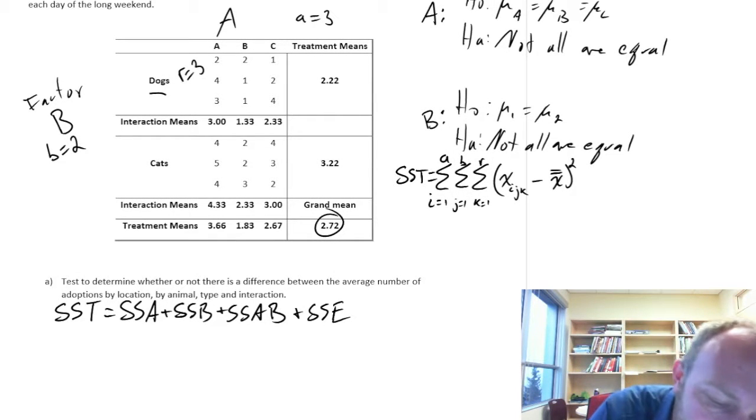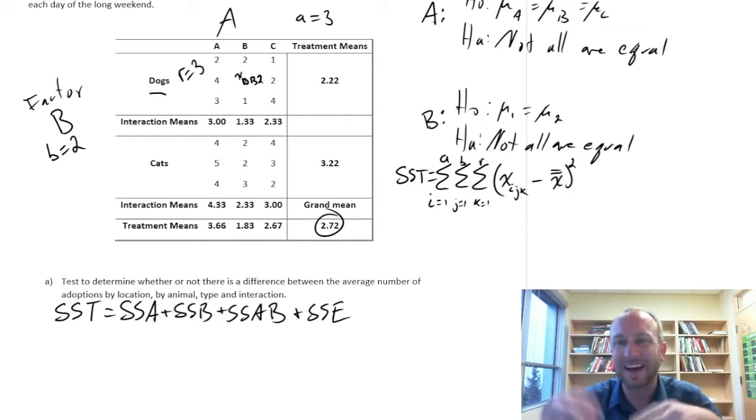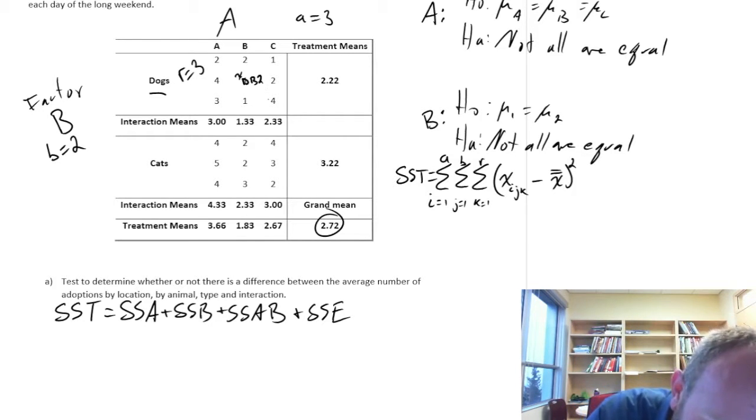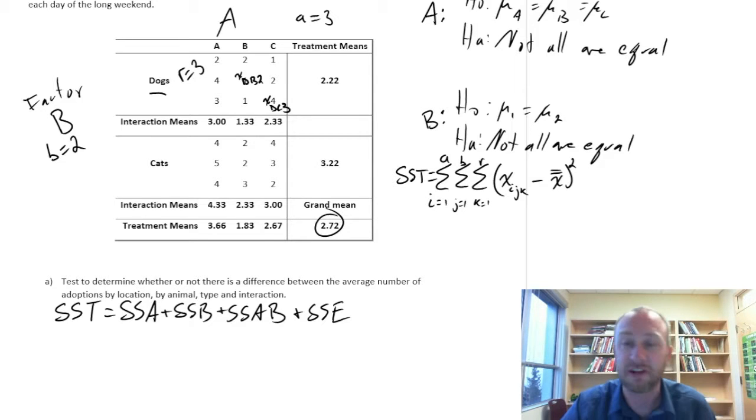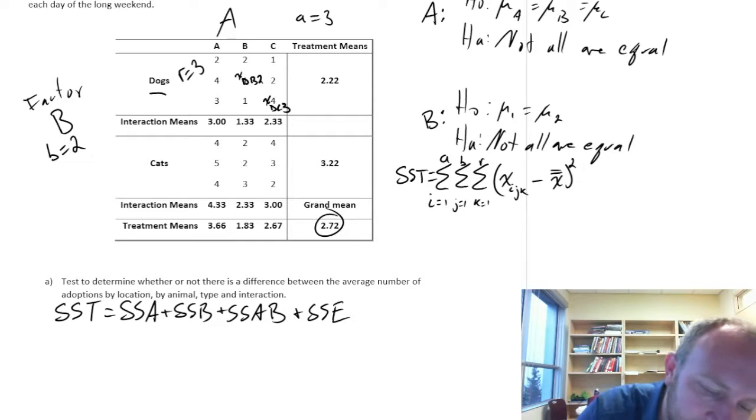So if I look at this observation in here, this would be the observation for dog in shelter B, and it's my second observation, or my second replication. This one down here is the observation for dog, shelter C, replication 3. Again, there are all of these different subscripts denoting its position within the data set.